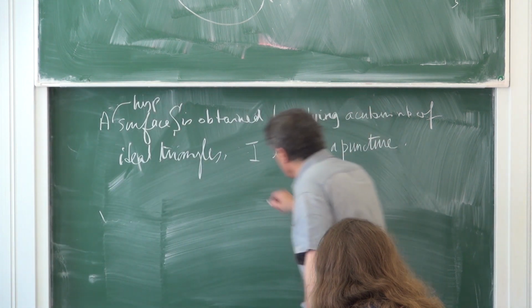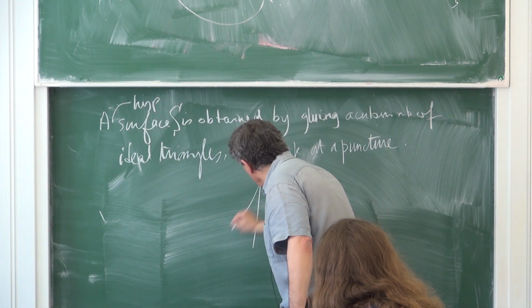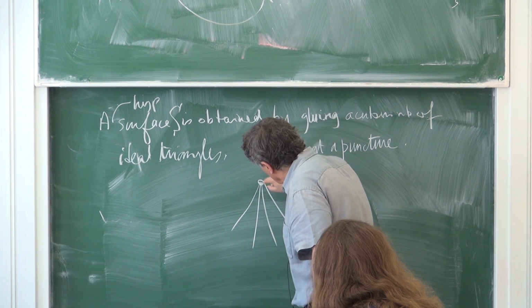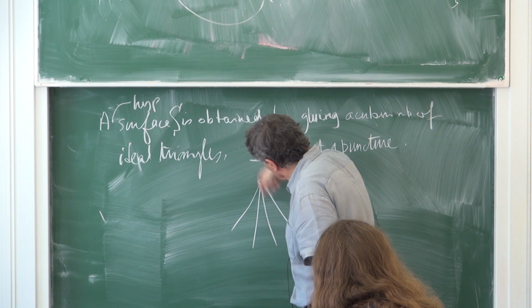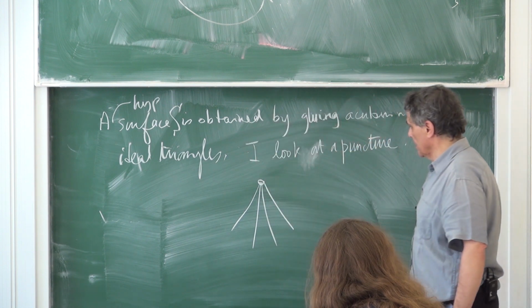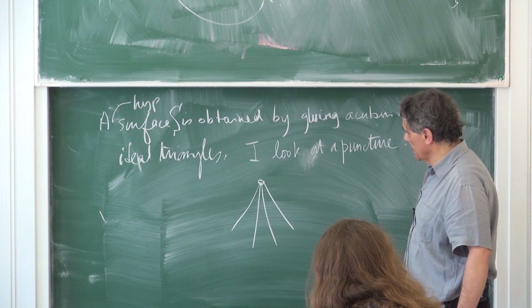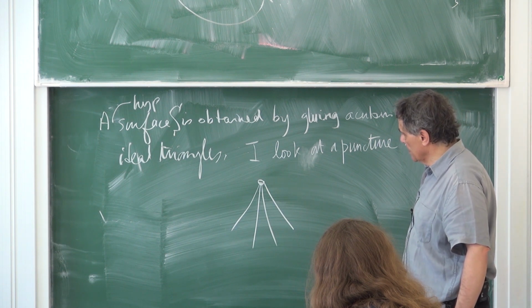I look at a puncture. So here, this is a puncture, and here the vertices of my ideal triangles abut at this vertex.